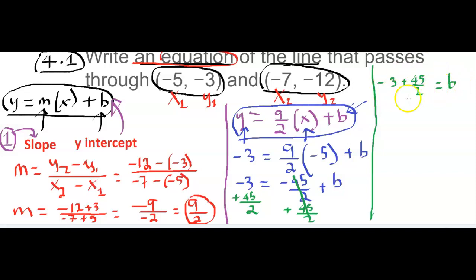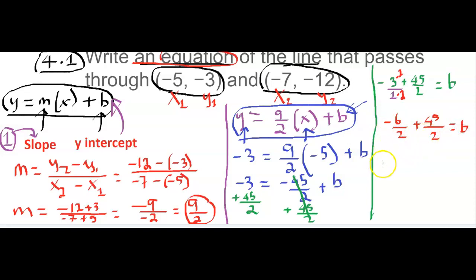It's a fraction, so in order to add them, make sure you find the common denominator. The common denominator of 1 and 2 is definitely going to be 2. So I multiply the denominator by 2 and multiply the numerator by 2. -3 times 2 gives me -6/2 plus 45/2 equals b.